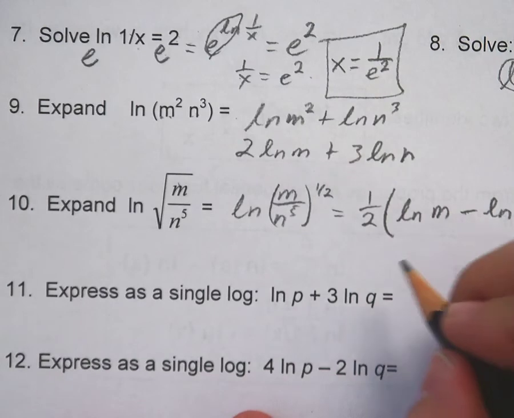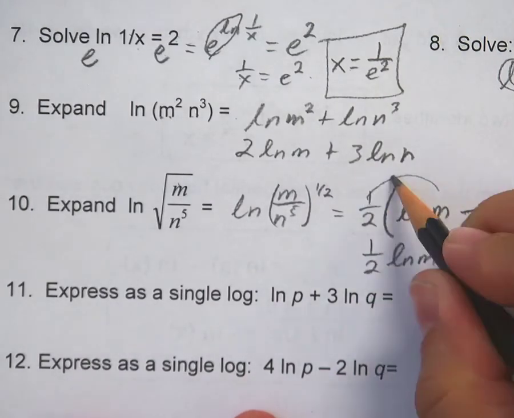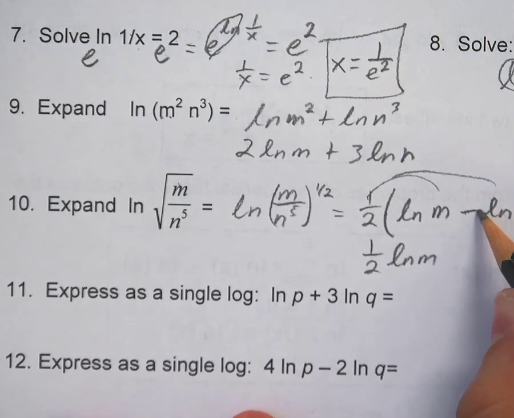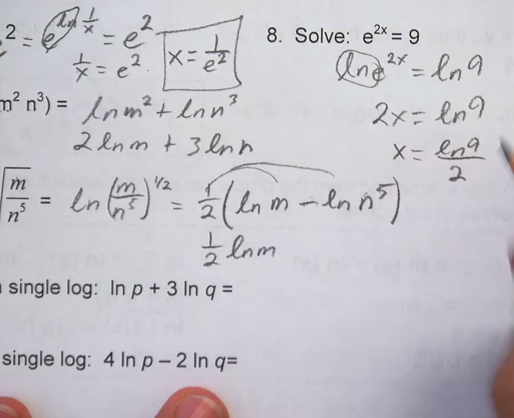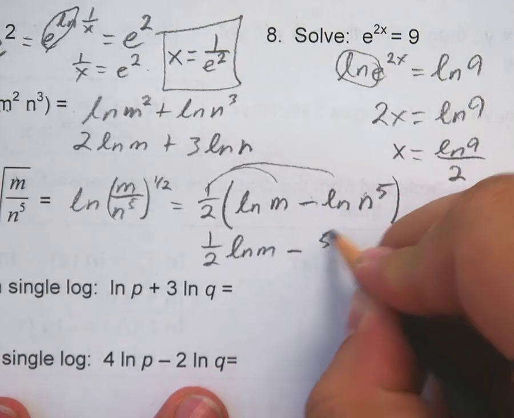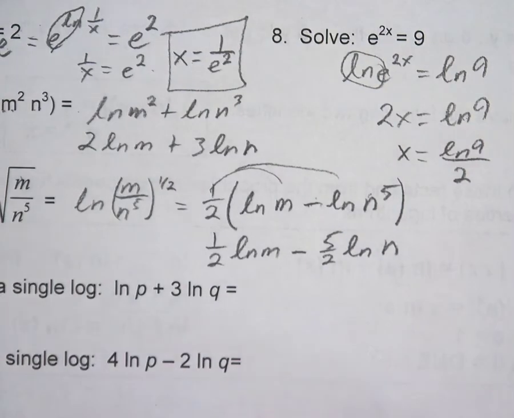And then you can bring those down. It'll be 1/2 natural log of m. Distribute this out. Bring your 5 down here. Minus 5/2 natural log of n.